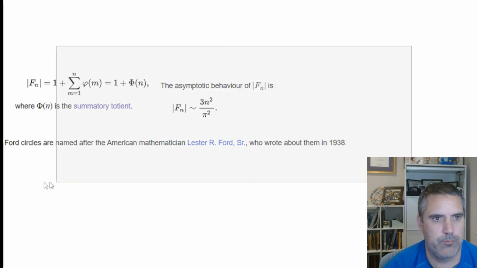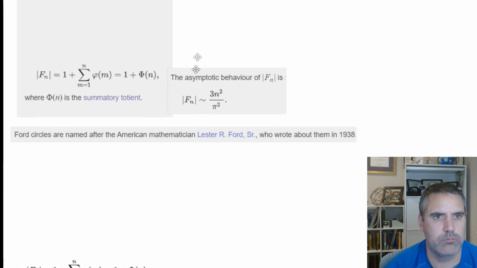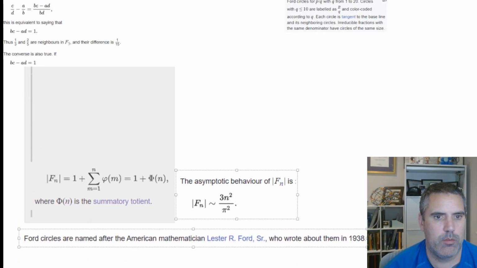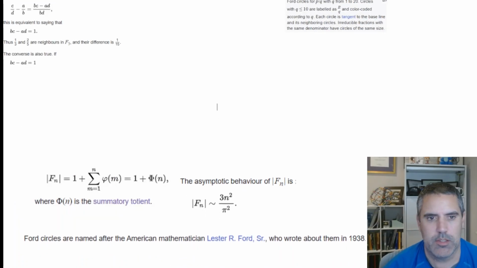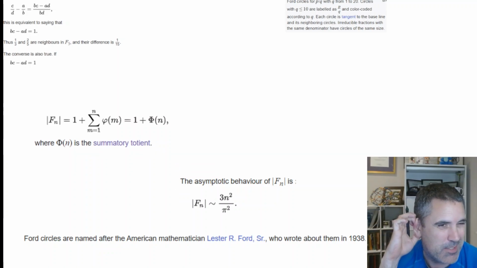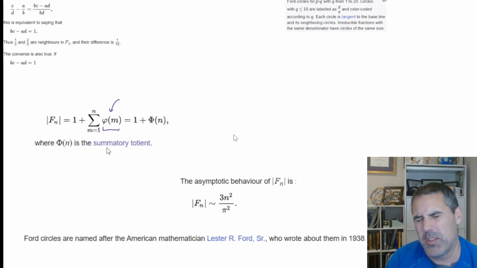Now, a few other things I found, and sorry that I'm scrolling here. I'm just going to pull this up, and then I think we'll end here. The number of fractions at a given level of the Farey sequence, you actually can talk about, because it has to do with what is called the Euler totient function, the number of things that are relatively prime to a given number. That has to do with when you can reduce.